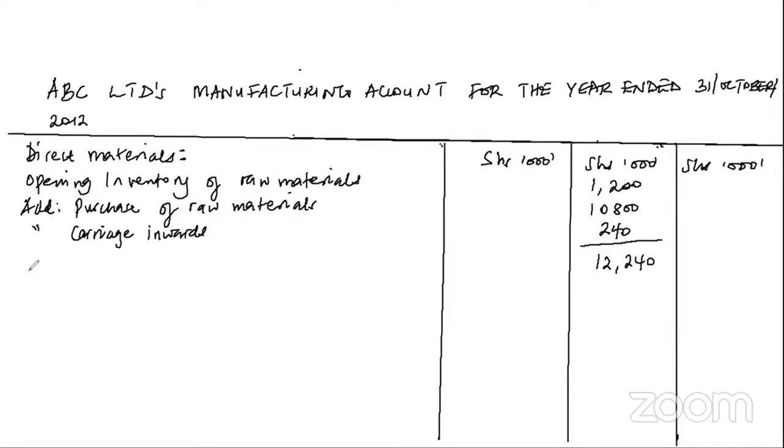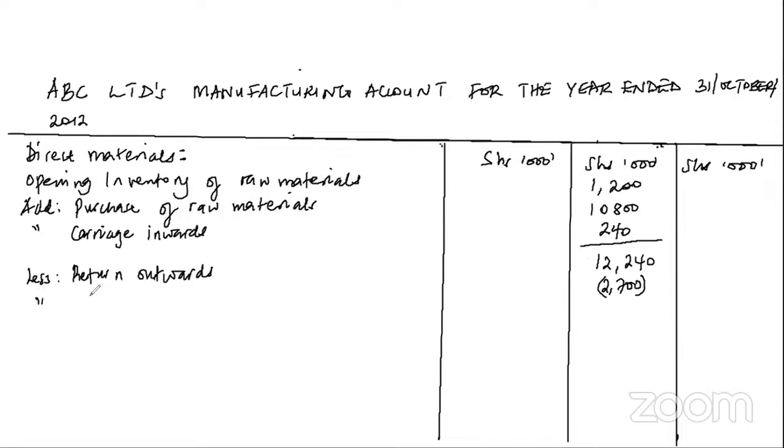However, you'll see that you have the purchases returns. So you purchased raw materials, but now you're returning some of the materials to the suppliers. So there will be a reduction of return outwards, 2,700, which is minus.